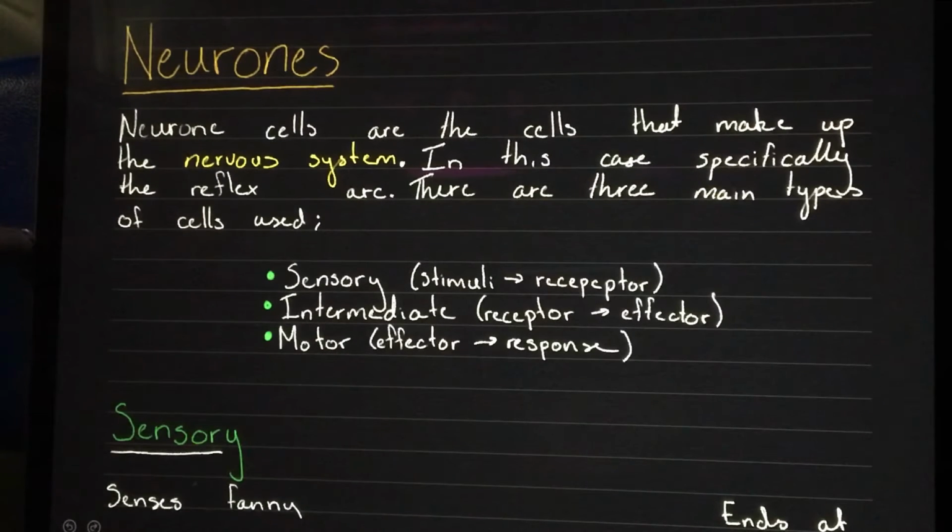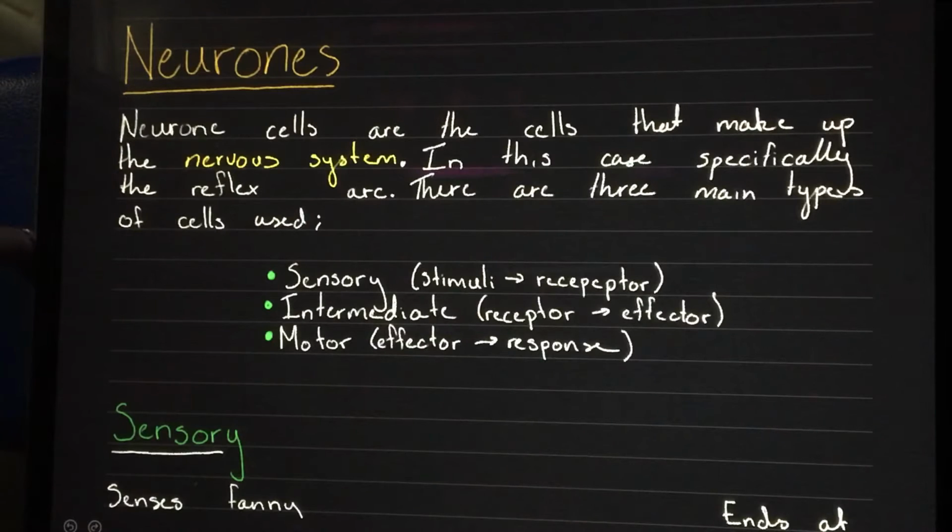Okay, so here we will cover neurons. Neurons are the nervous cells, so to speak, that make up the nervous system. There are three main types of neurons that make up the nervous system: sensory, intermediate, and motor.